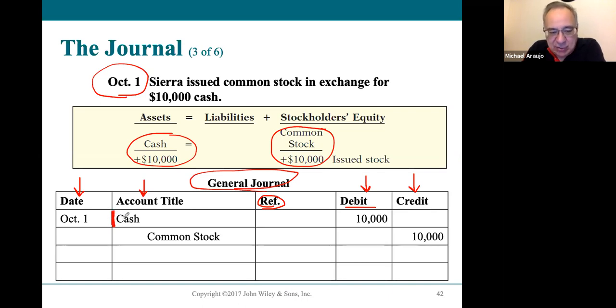So the cash account is going to be debited by 10,000, and it's listed first because the debit is listed first. The credit account is listed second, in the credit column. Common stock, we have a little indentation here to visually remind us this is the credit side. This is the other account that's affected on the credit side. Common stock, credit for 10,000.